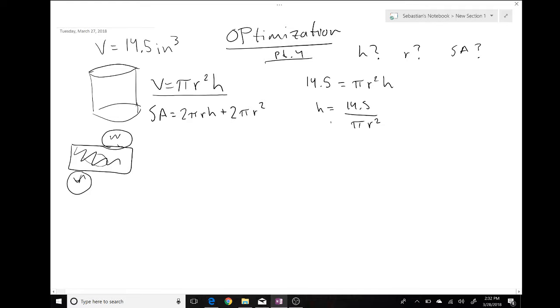So once we have this equation, we will plug it in to the surface area equation, which is surface area is 2 pi r times 14.5 over pi r squared plus 2 pi r squared.